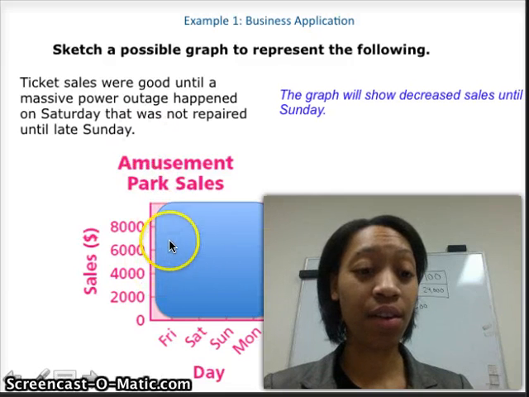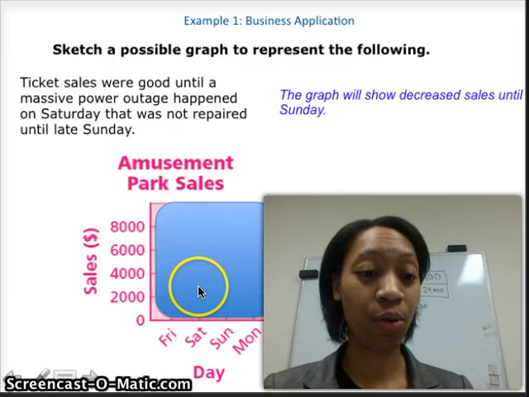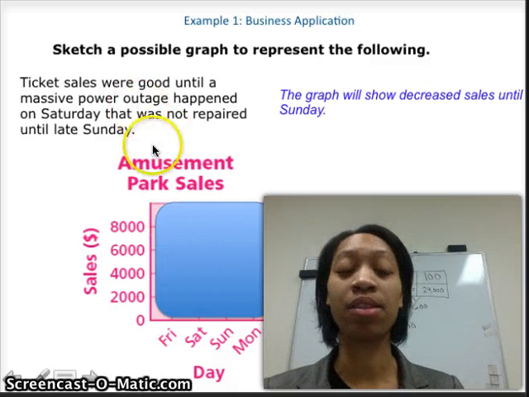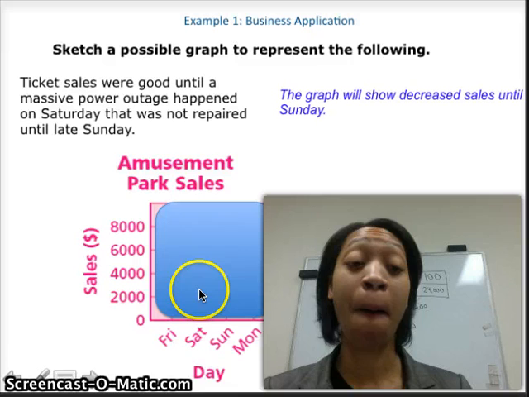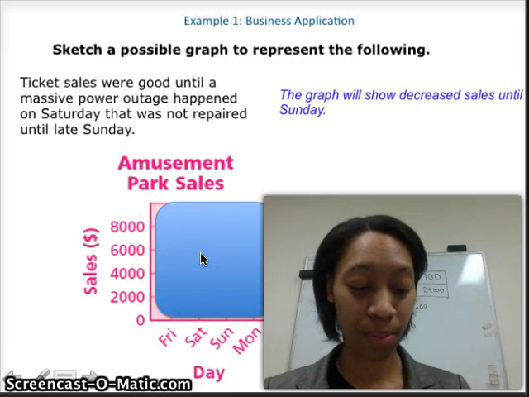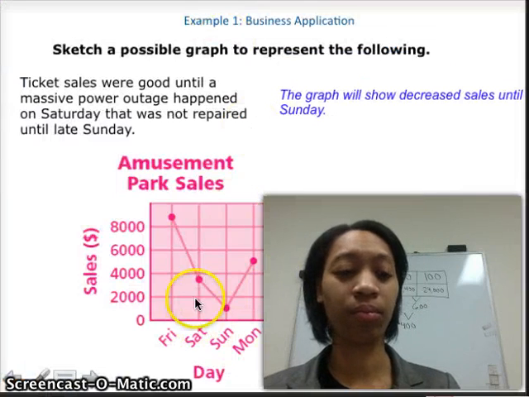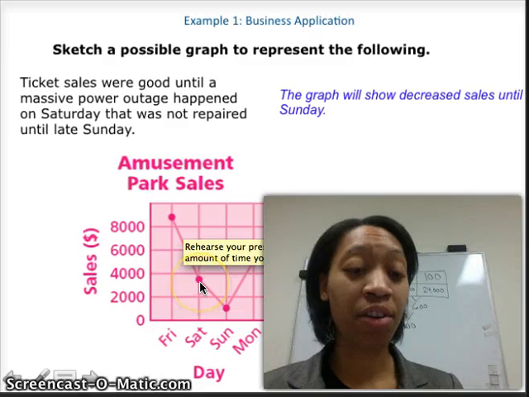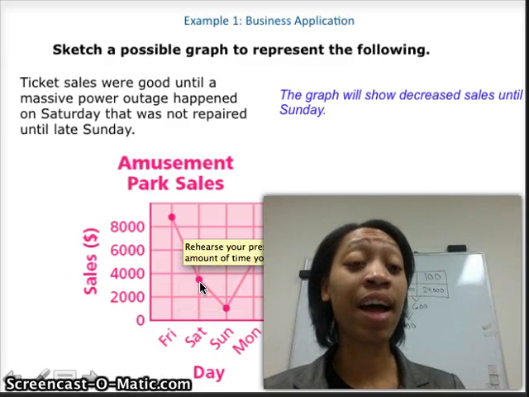Then on Saturday, partway through the day, is when the outage happens. So ticket sales on Saturday were probably moving along just fine until it broke.